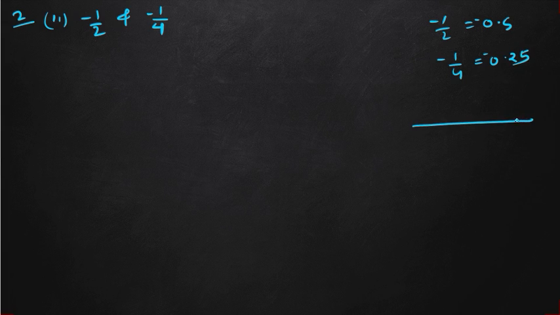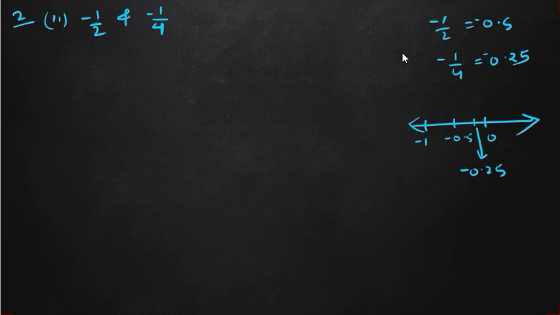So on the number line, this will be your 0, this will be your minus 1, this will be minus 0.5 and this will be our minus 0.25. So which one will be bigger? Obviously minus 0.25 is bigger.